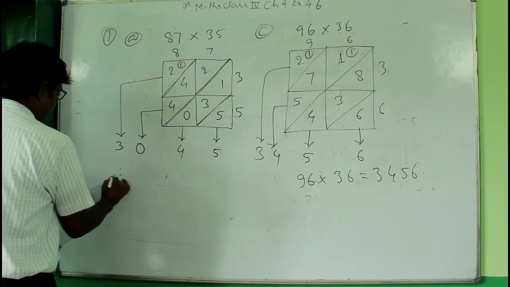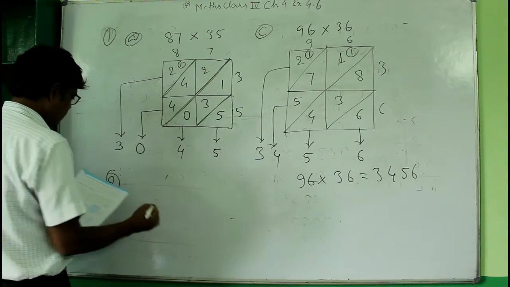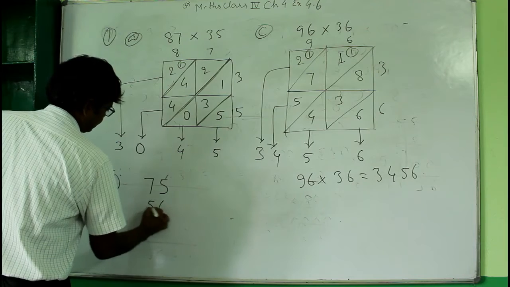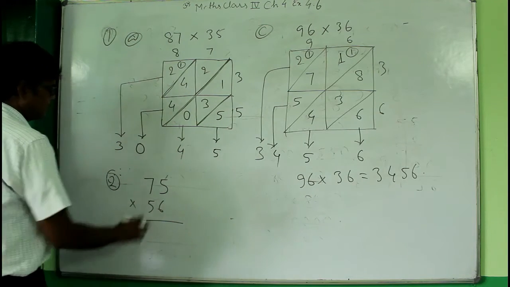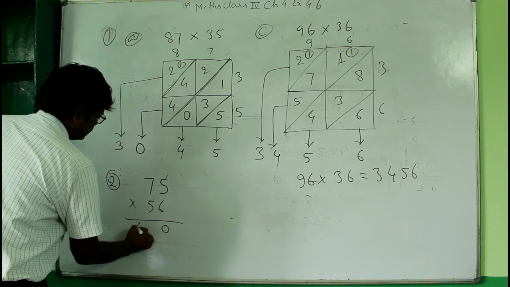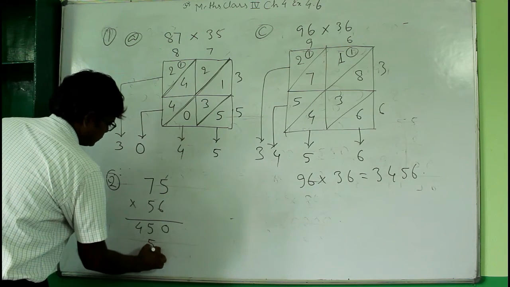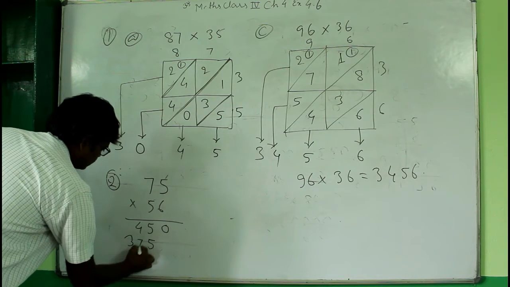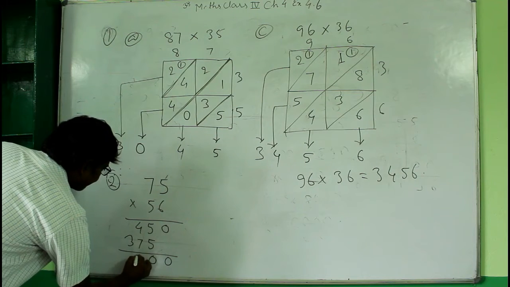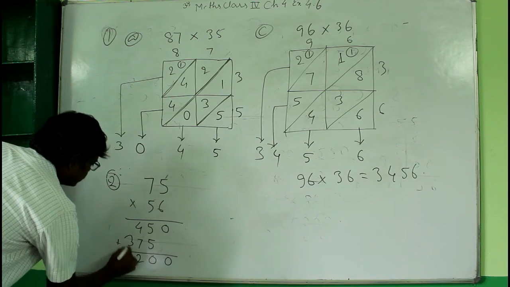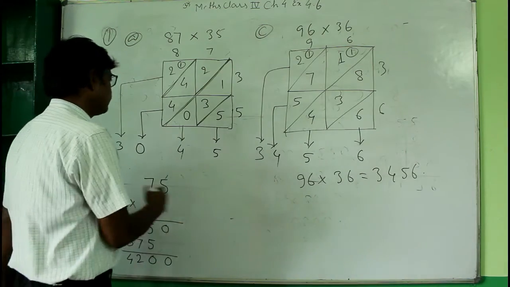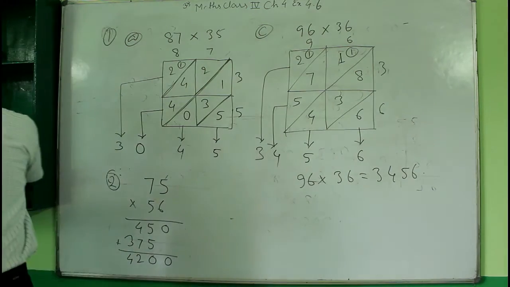Question number 2: first multiply directly by the general method, 75 into 56, and then by using the lattice method. So the answer is 4200. Now multiply this with the lattice multiplication method.